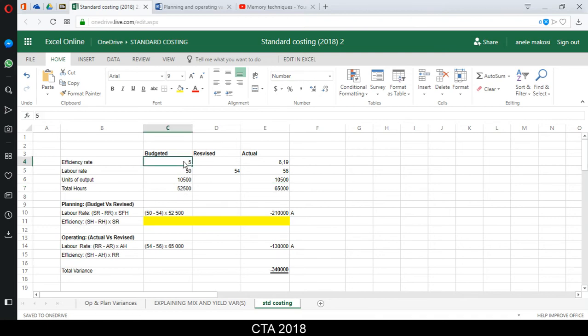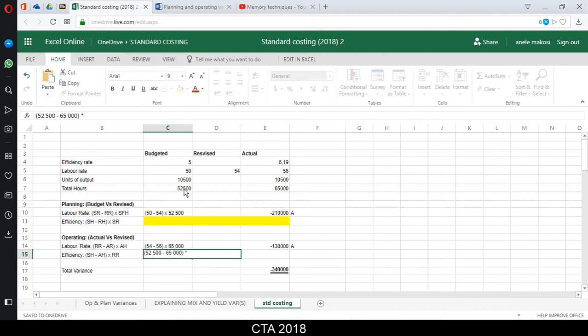They should have spent 5 hours per unit, but actually they spent 6.19, so the difference here is going to be an operating variance. So we take the standard hours, 52,500 minus the 65,000. So instead of spending 52.5 thousand hours, they spent 65 thousand hours. We multiply by the revised rate, which is 54. What do we have here?